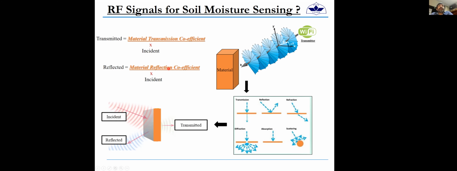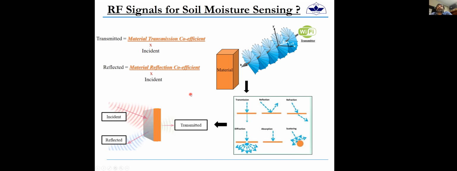If we know that, we can tell how much of the incident wave is reflected backwards. ठीक है? अब आप देख रहे हैं कि कैसे हम वेव फॉर्म को बड़ा जनरल रखते हुए उसको मटेरियल की फिजिकल प्रॉपर्टी से रिलेट कर रहे हैं, और मटेरियल की फिजिकल प्रॉपर्टीज ही हमें बताएंगी कि how we can sense the moisture present in that material.